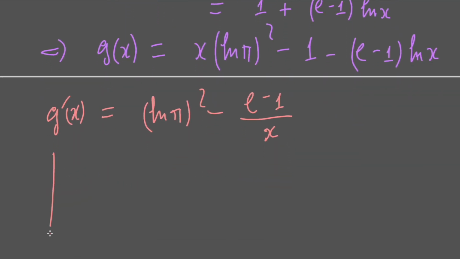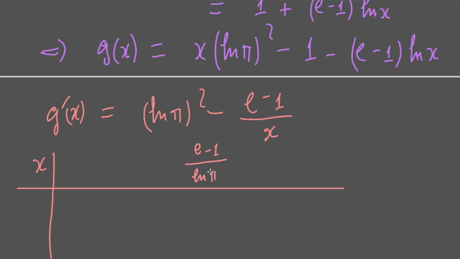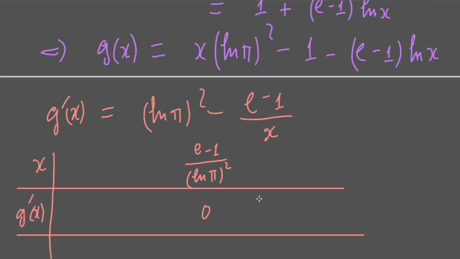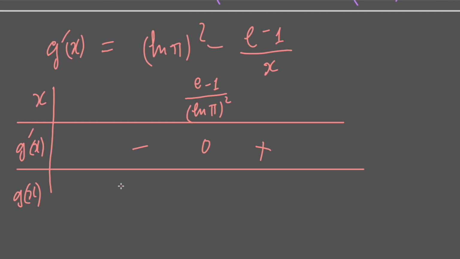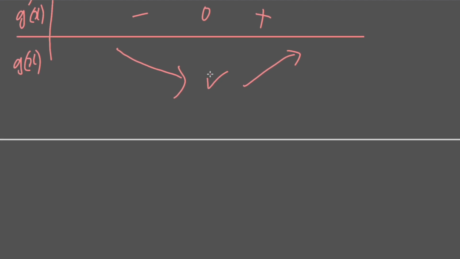Then from the table, you will see that at the point x equal to (e minus 1) over ln pi, the derivative of g(x) is 0. It is negative before and positive after, so g(x) is a decreasing function and then an increasing function. Obviously, at this point is the minimum value of g(x).